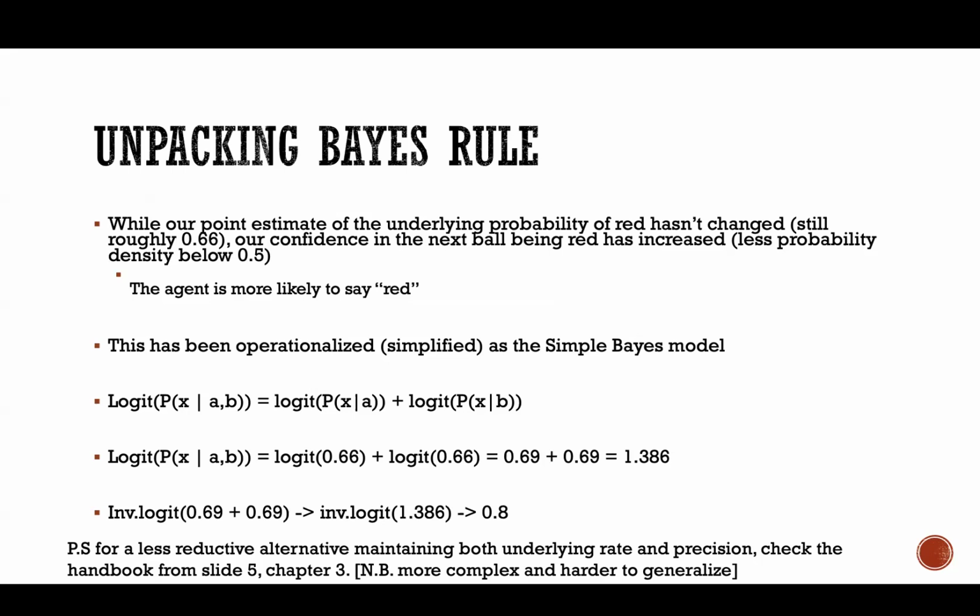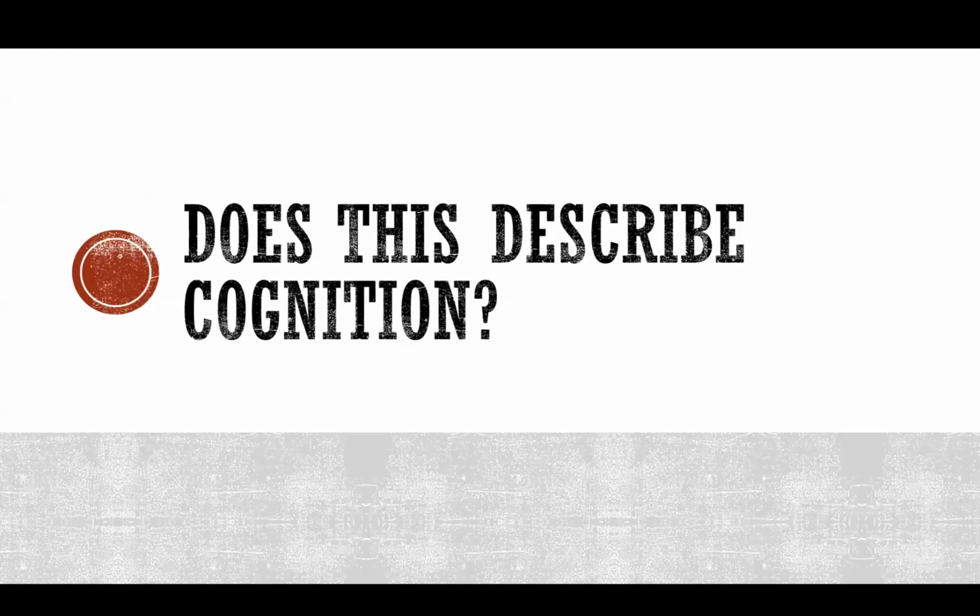But this is how we build up our understanding of how Bayesian models of cognition are conceptualized. This is a first step. We'll do a second step soon, and then we'll build up from there, right? Does this describe cognition? Well, this is a classic example, yes?